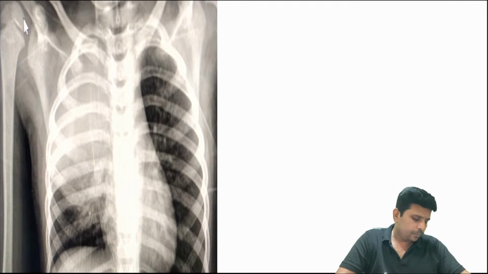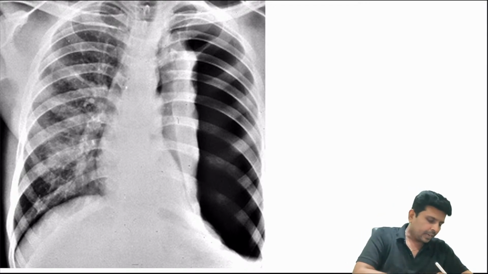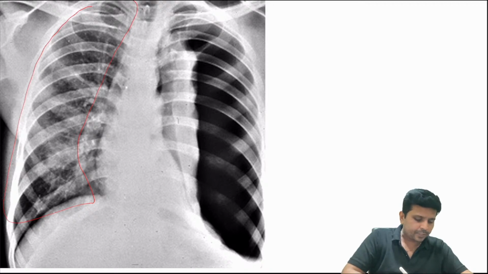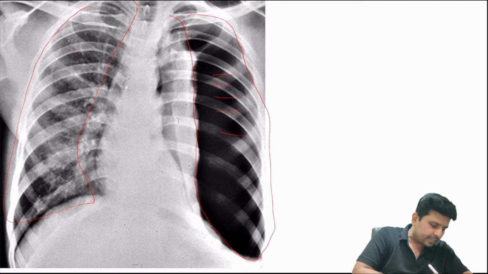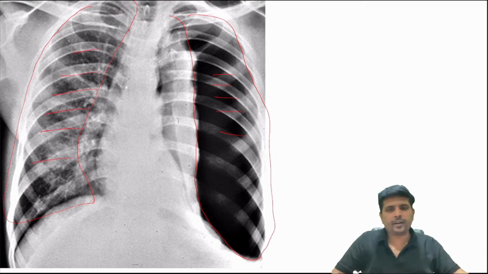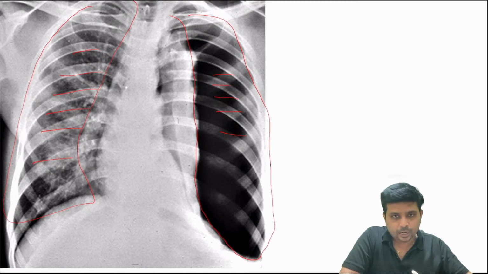Now look at this. Is there any pulling or pushing? Let's leave it. Look at this. What happens here? The lung on the right side is normal. On the left side, there are no vascular markings. Here you can see vascular markings. Here there are no vascular markings at all.